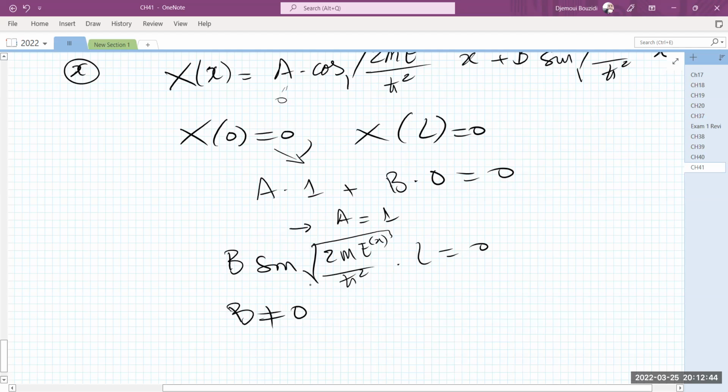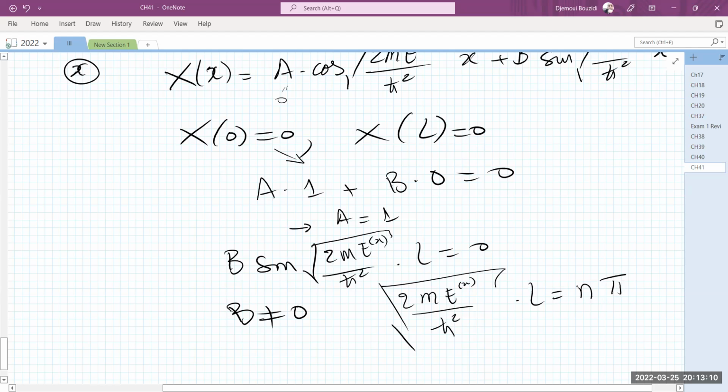So the only thing in here is that this sine must be equal to 0. And if the sine equals 0, that means its argument is a multiple of pi. It could be 0, it could be pi, it could be 2 pi, or negative pi, negative 2 pi, and so on and so forth. So that means that the square root of 2m Ex over h bar squared, times L, must be a multiple of pi.